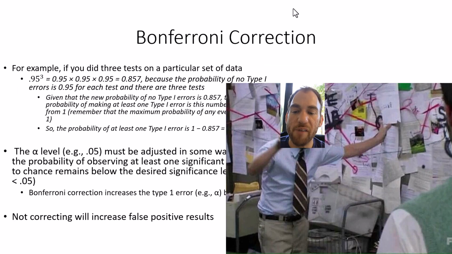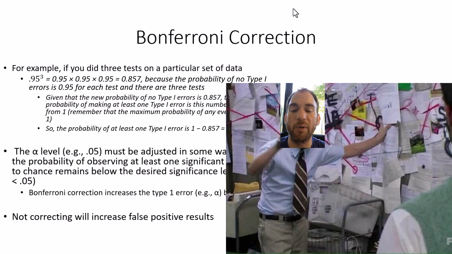So for example, if you did 3 tests on a particular set of data, that would be 0.95, the probability that the result is not due to chance, to the third power, because you did 3 tests. So it's 0.95 times 0.95 times 0.95. This equals approximately 0.86, because the probability of no type 1 error is 0.95 for each test, and there are 3 tests. So now your new probability of no type 1 errors is 0.86.